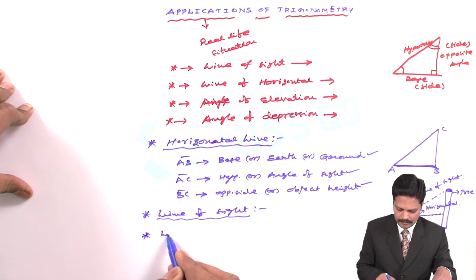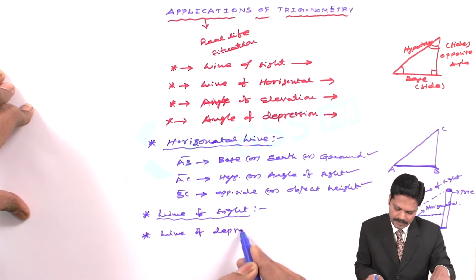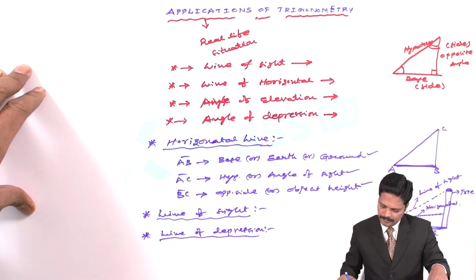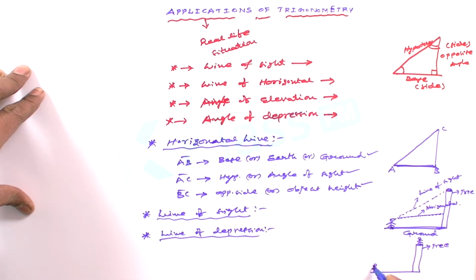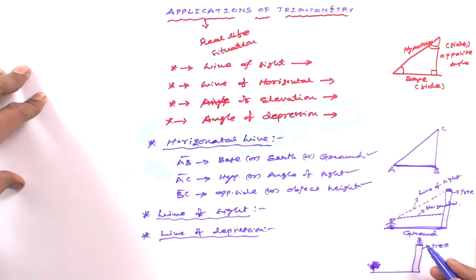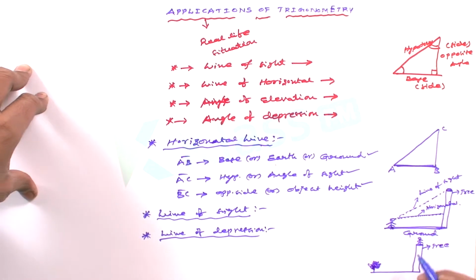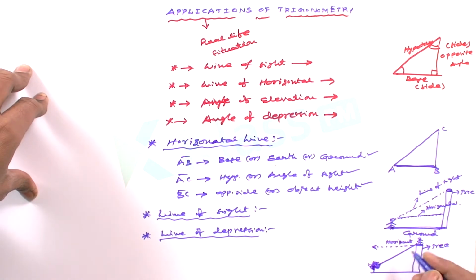One more point, the angle of depression. In the diagram, this is the tower or tree, and the person standing on the tree, a house or a tower is watching downwards to see a flower or object. The level is the horizontal, and this is the line of sight.